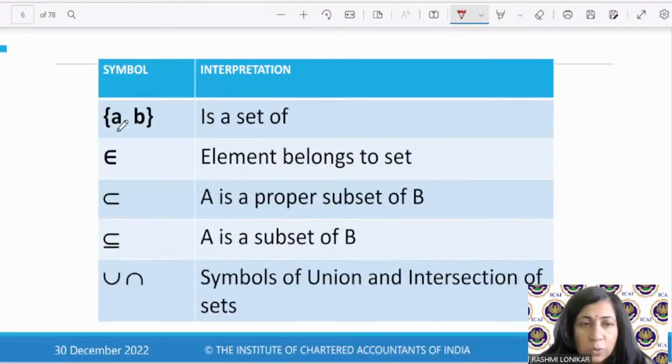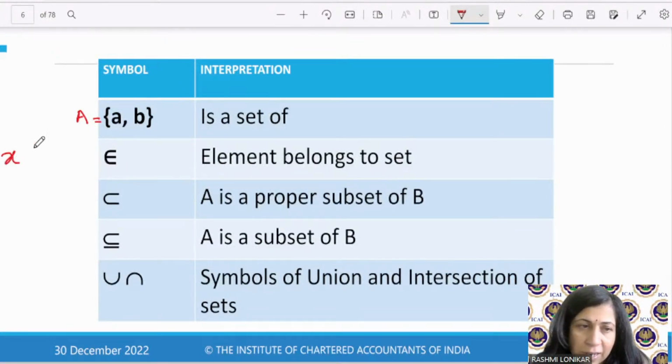Now, how do I represent a set? It is represented in curly brackets, all the elements are written in small letters, and the set is represented by capital letters. Now, what does this E sign mean? It means element belongs to set.